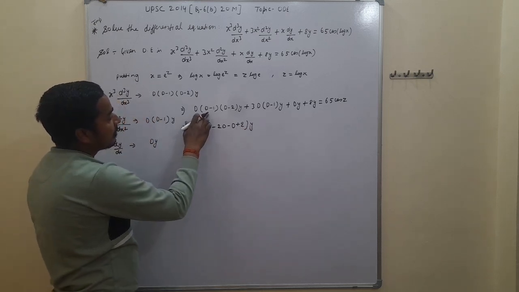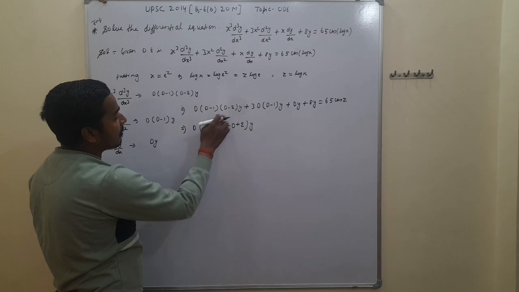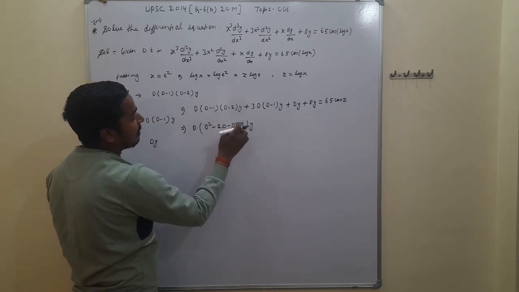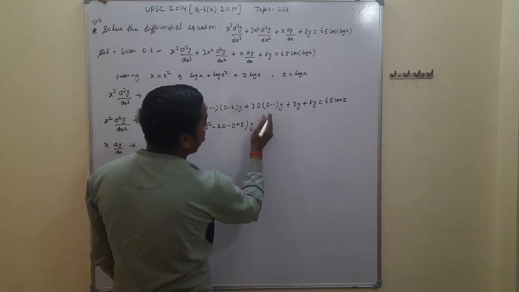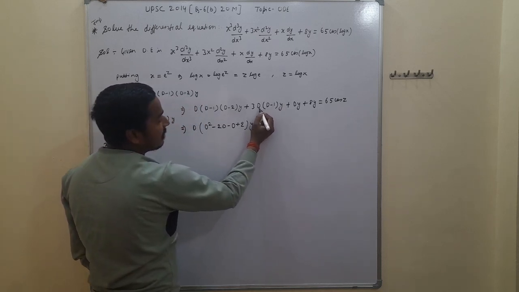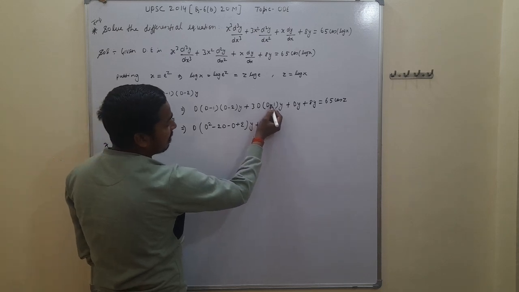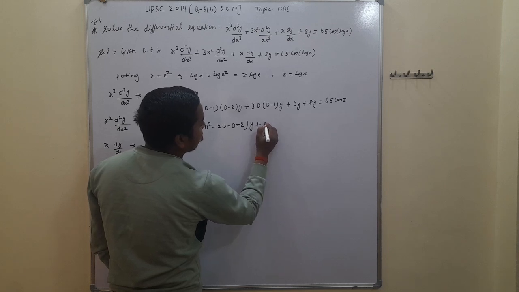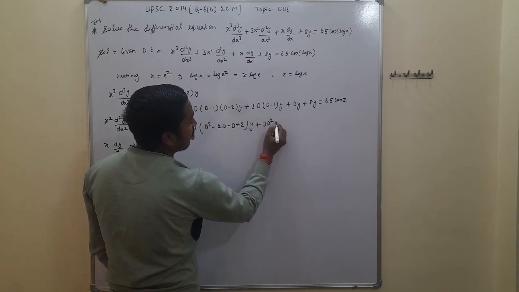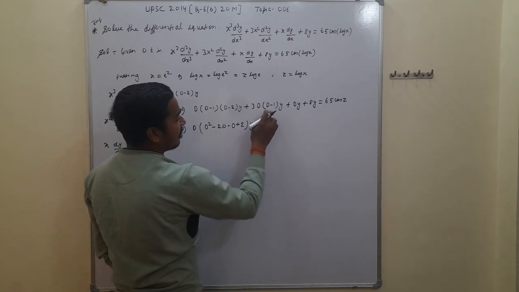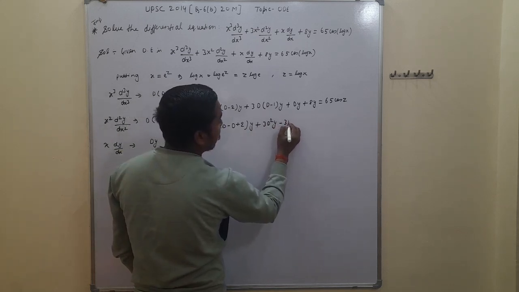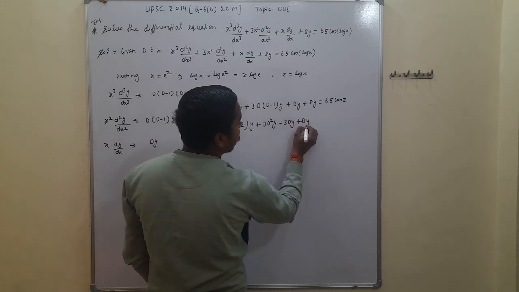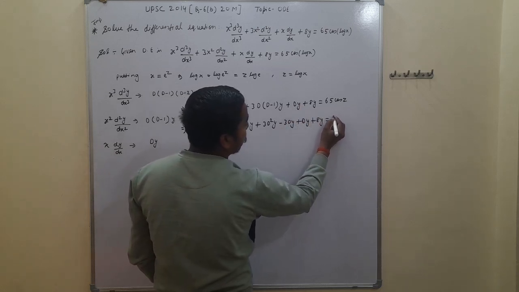Again we check: D multiplied with D minus 2 gives D square minus 2D, and minus 1 multiplied with D minus 2 gives minus D plus 2. Further, 3D multiplied with D minus 1 gives 3D square y minus 3Dy, and Dy is already present, plus 8y is equal to 65 cos z.